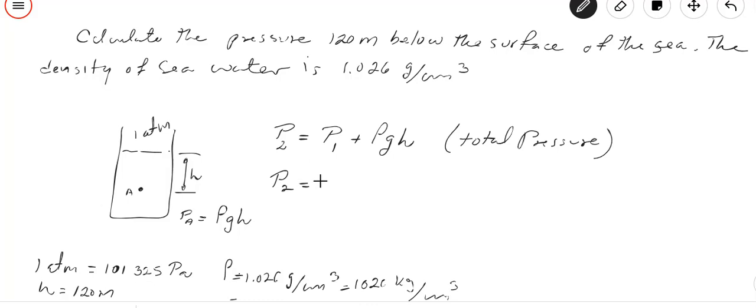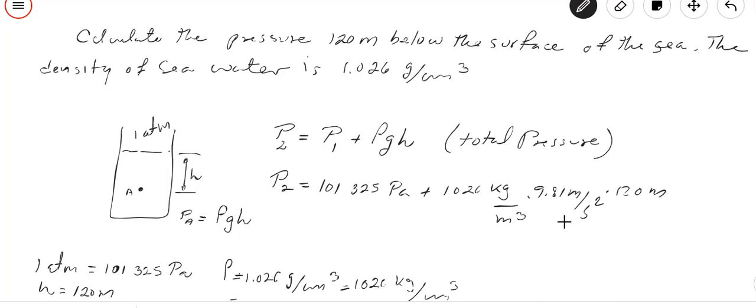So if I substitute, I have 101,325 pascal plus the density, that is 1,026 kilograms per cubic meter, times the gravity. I just solved it with 9.81 meters per square second, times the height, that is 120 meters.